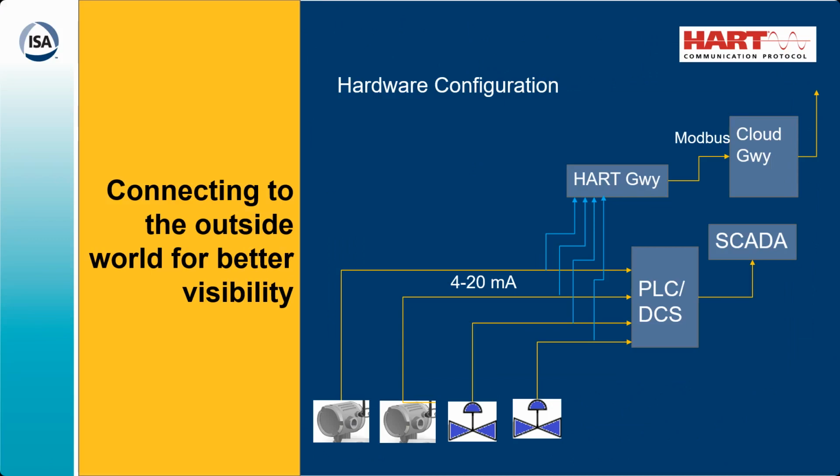If he has the existing SCADA in place, then we can use the OPC server, and using the OPC server he can send the data to the cloud directly. Or you can use the cloud gateways, and that can be connected using Modbus. You can connect it to the cloud directly.